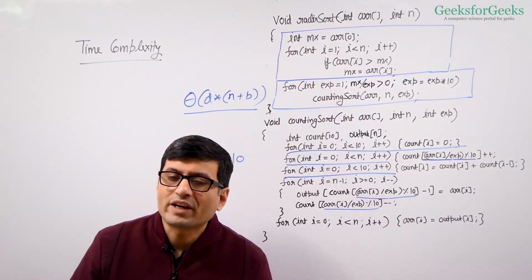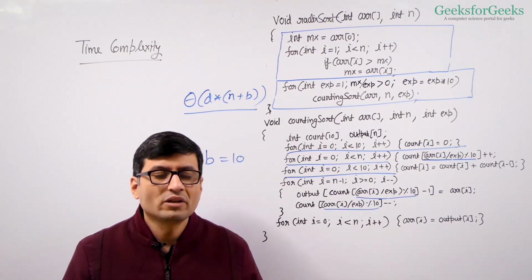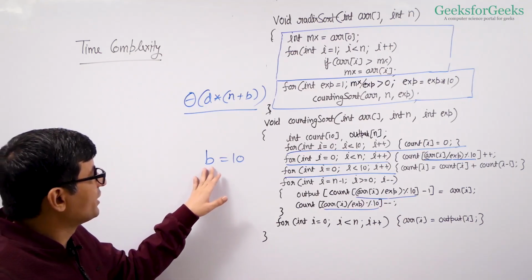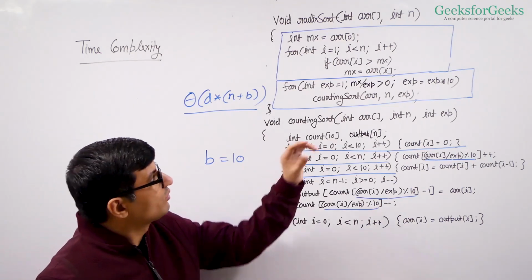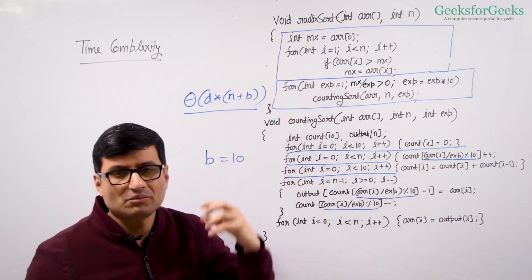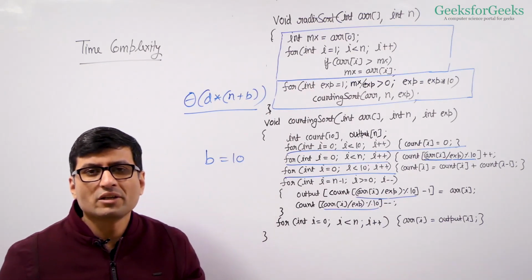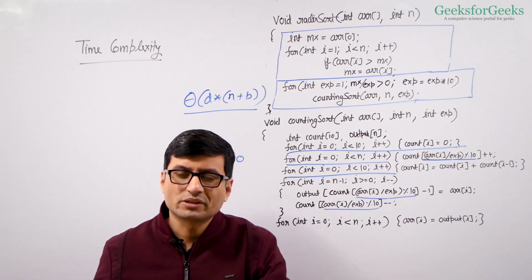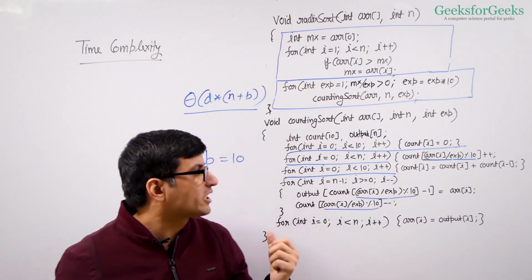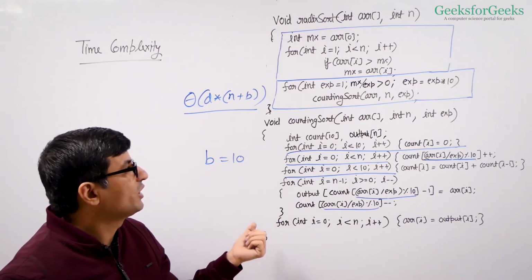Here is an interesting fact about Radix sort. If you increase the value of base b, for example, if you increase from 10 to 20, then this loop will run less number of times. Then your d will decrease, right? Because you will have less number of digits in a bigger base. Now what will change? Your extra space required by the counting sort will increase.